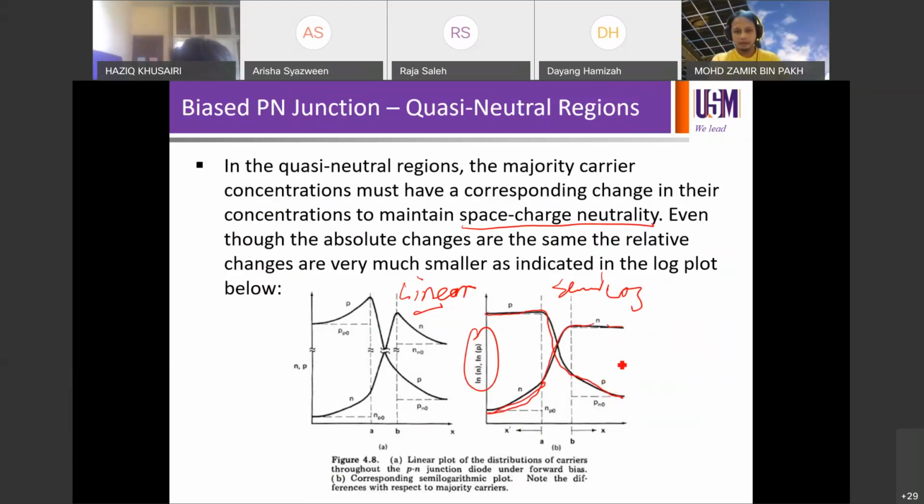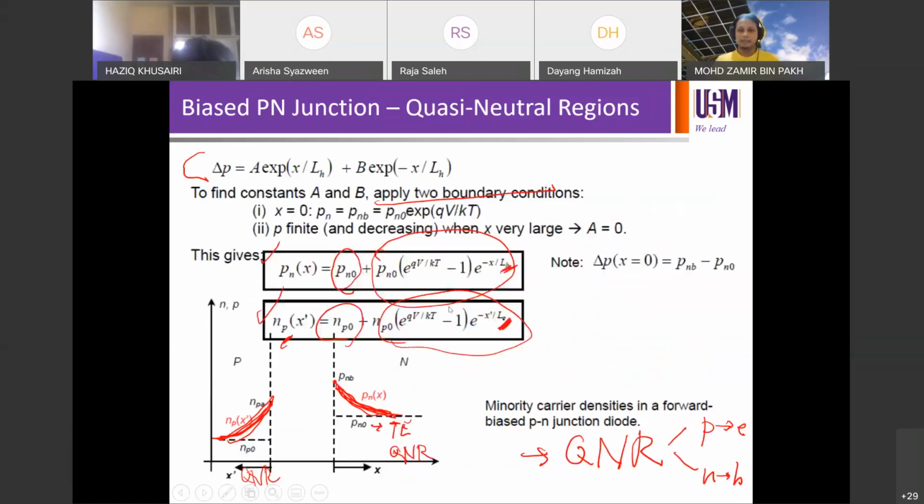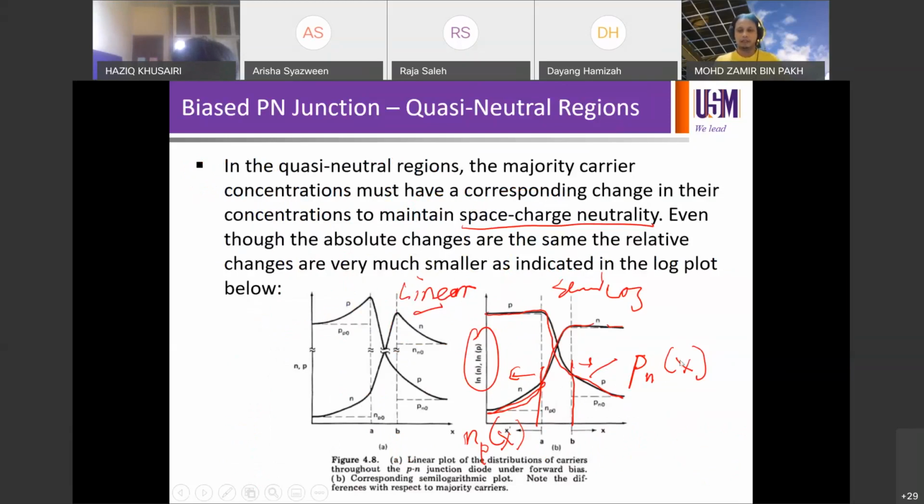Then beyond this region, you can calculate p_n(x), and beyond this region, you can calculate n_p(x), just like the equation on the previous page, given by p_n0 plus p_n0 times the exponential of qV over kT minus 1, times the diffusion length component for holes. For holes on this side, and this is for electrons.